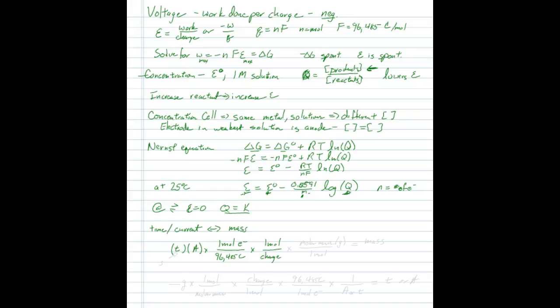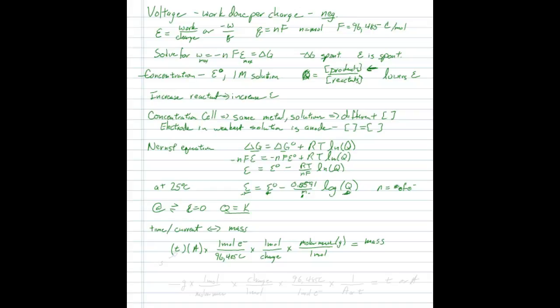The charge is the charge on the ion. So if the metal is going to 2 plus ions or 3 plus ions, it'll be a 2 or a 3, times the molar mass from the periodic table over 1 mole. Molar mass is in grams. And that will give you the mass of the electrode loss or gain, depending upon the anode, which would lose, and the cathode, which would gain.